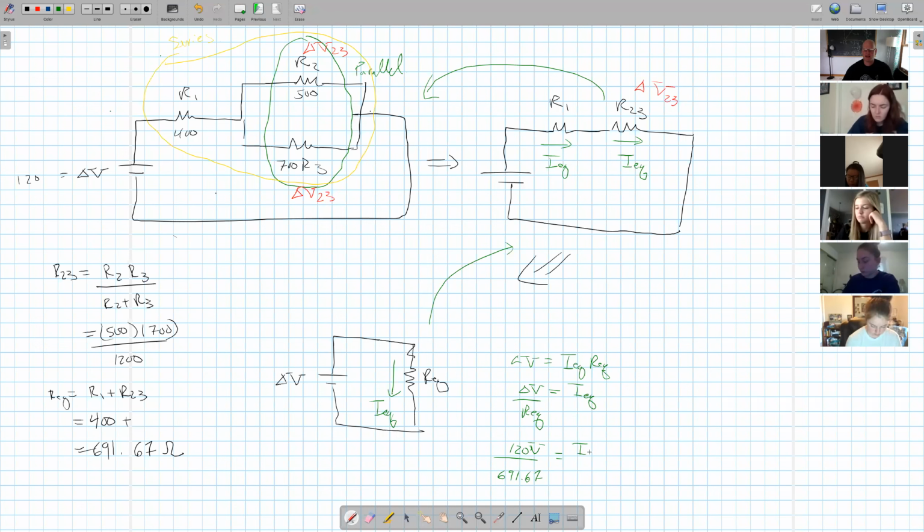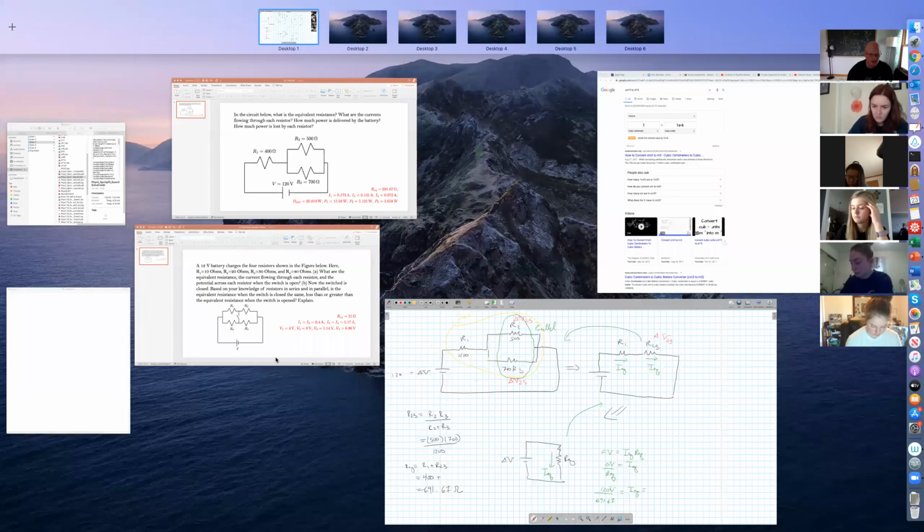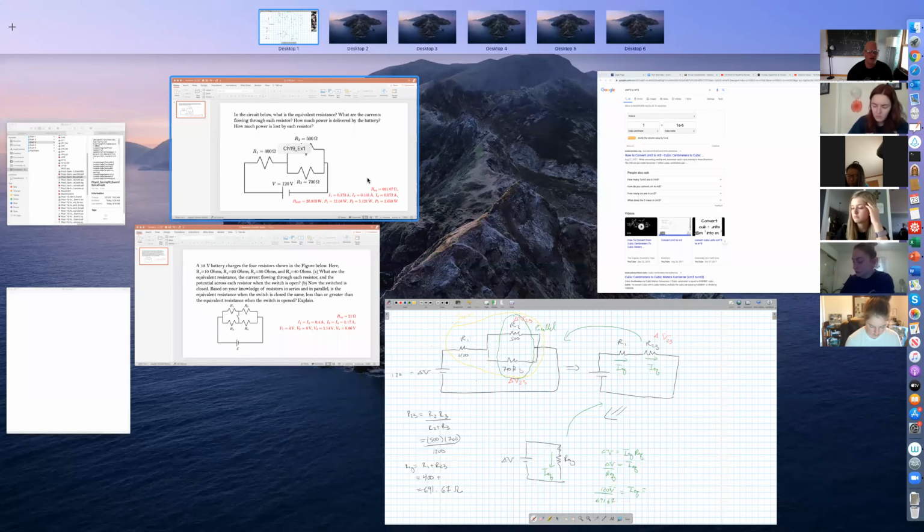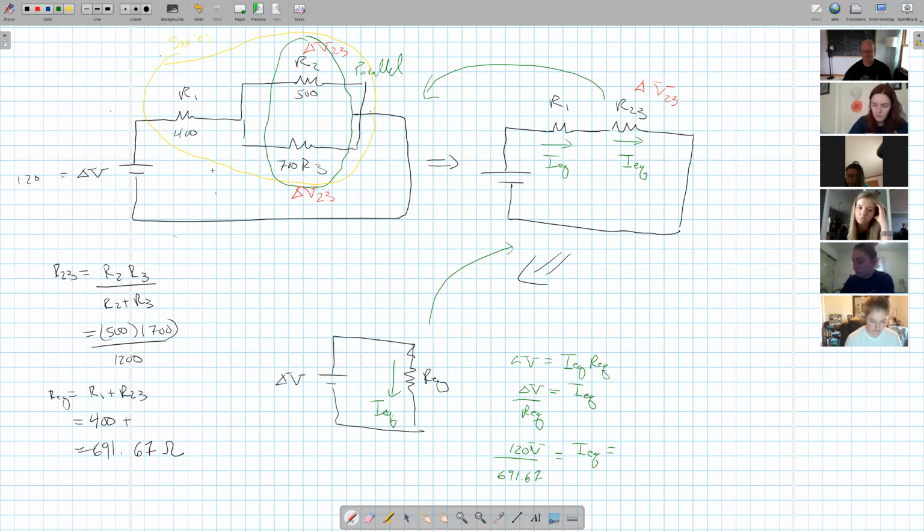Putting in our numbers, this works out to be 0.173 amps. So this is our IEQ.